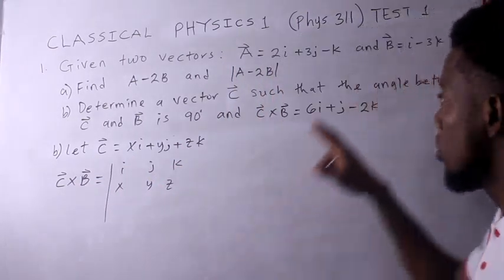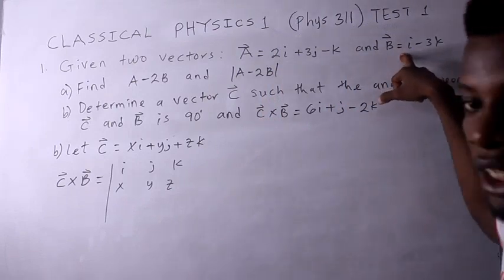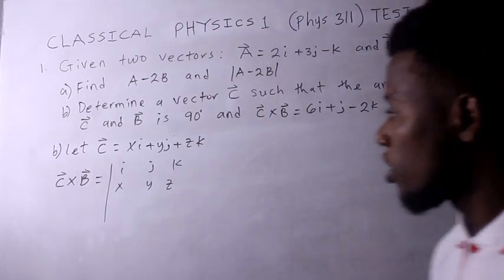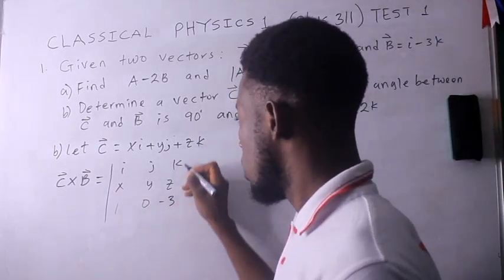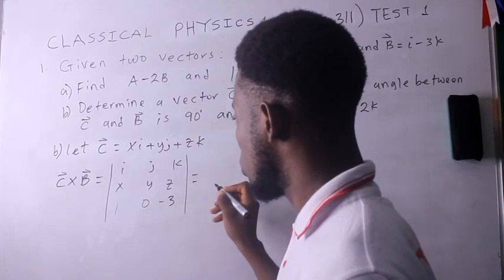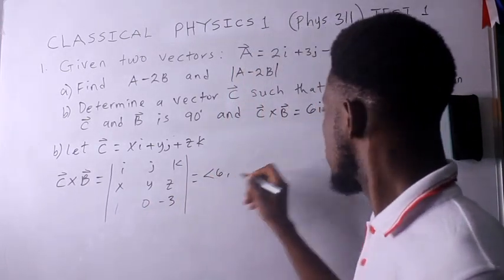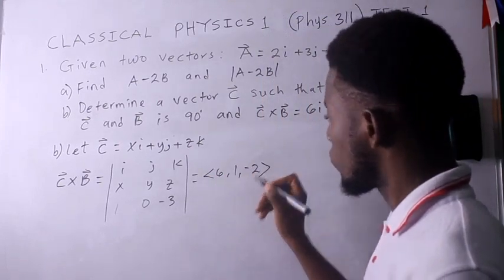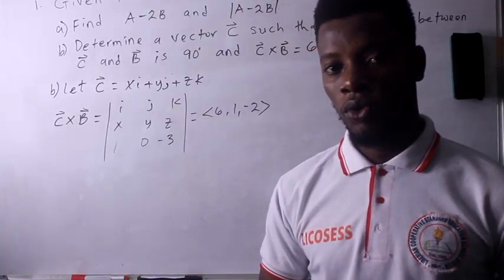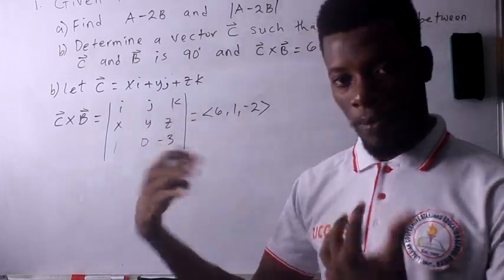Now for vector B, the i component is 1, the coefficient of j is 0, and k is negative 3. So it's 1, 0, negative 3. Now when we evaluate this, the result should be 6, 1, and negative 2. So we'll go right ahead and use expansion by minors to find the determinant of this matrix and equate the result to this vector.